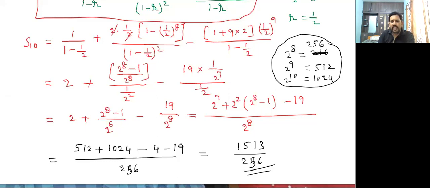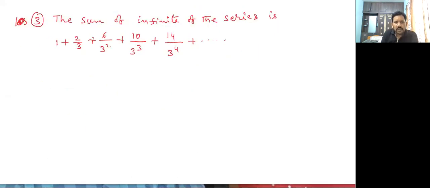AGP series or not, we want to verify first. So the first terms are 1, 2, 6, 10, 14 and so on. This is not an AP.